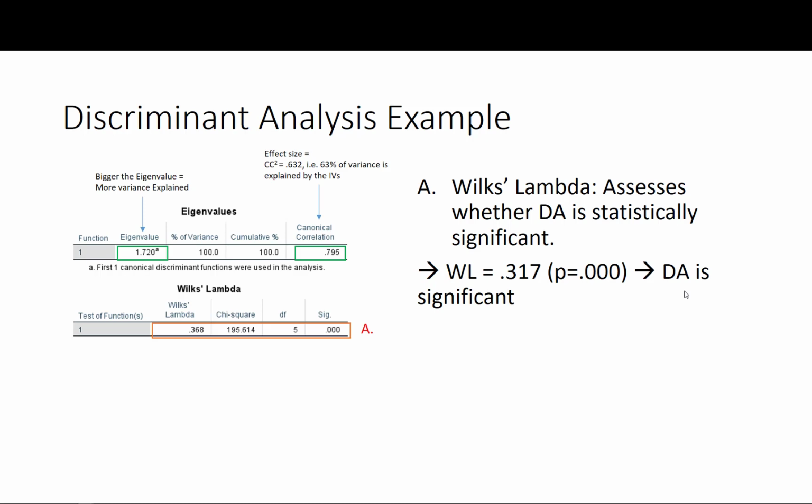On an extra note, our eigenvalue of 1.72 is okay, but if we look at our effect size, our canonical correlation squared is 0.632, meaning 63% of the variance is explained in our independent variables.